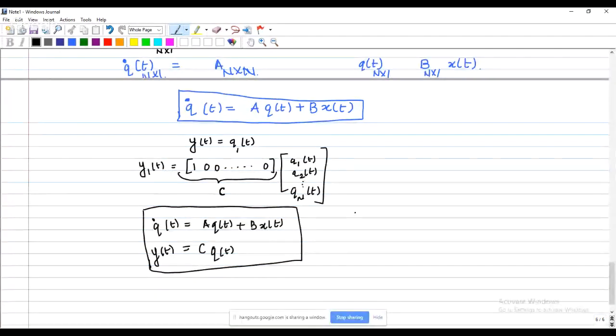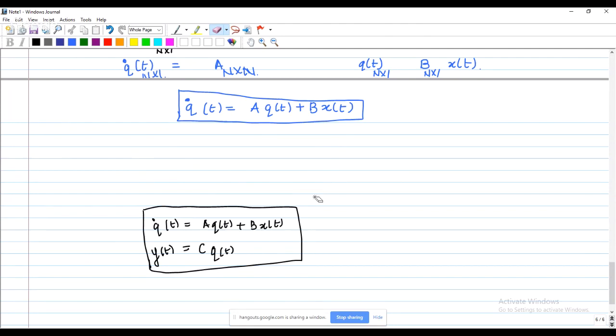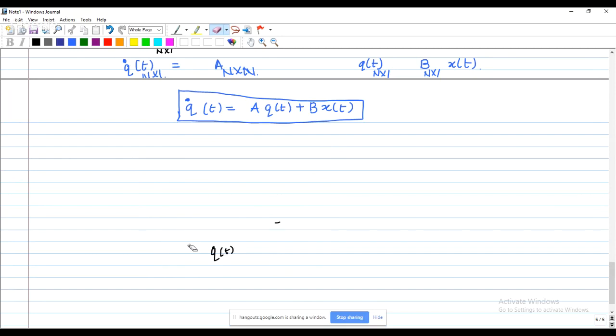So here, what we are representing is that I wanted to ultimately get the output, right? My mistake, I'm extremely sorry, I wrote y1 of t. Let us now represent the output also in terms of q1, q2, q3. We have written the equation y of t is equal to q1 of t. Let us write this equation also in terms of the n variables.